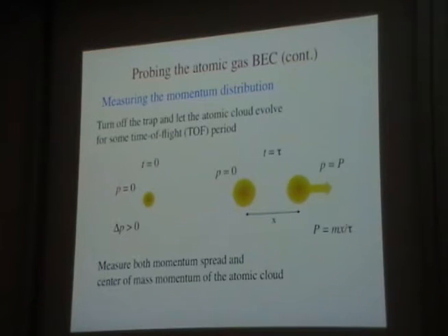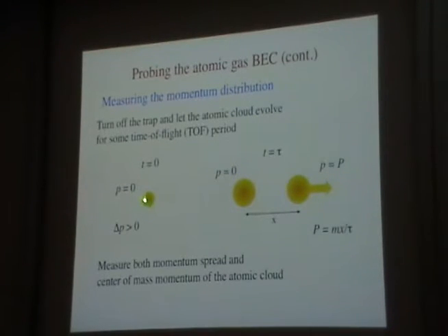The other thing people typically do is measure the momentum distribution of the BEC, and that can be done by a technique called time-of-flight imaging. So you have your Bose-Einstein condensate. It's basically stationary, but it has some momentum because it has a finite size, and by the Heisenberg uncertainty relationship, it has to have some momentum spread.